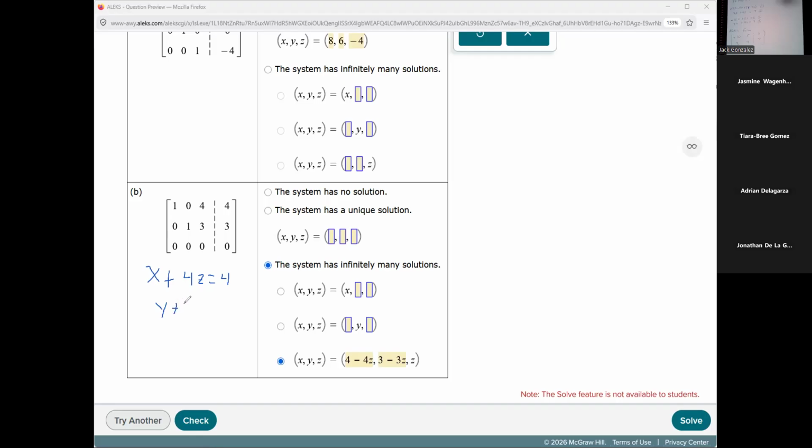Y plus 3z. And if there's a row of zeros, just put z equals z in that location there.